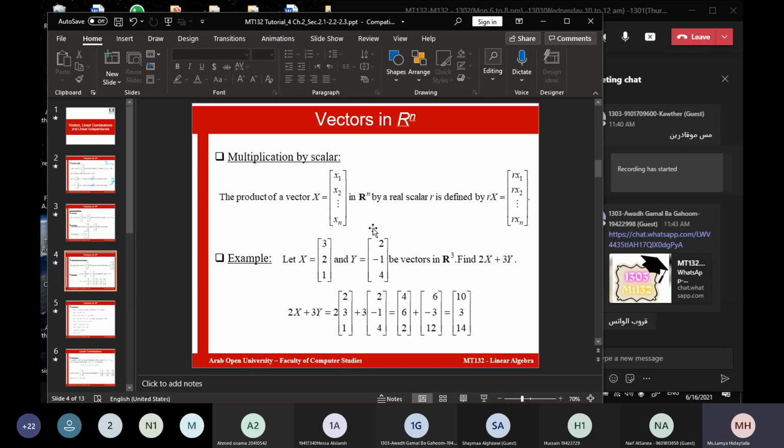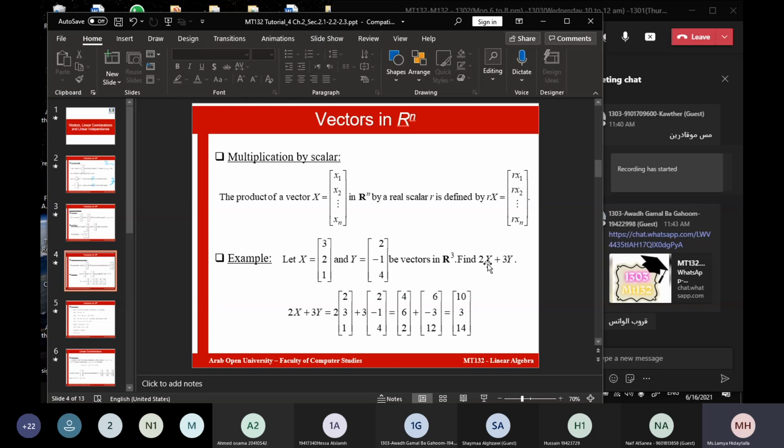Okay, how do we multiply by a scalar? The same as in matrices. You multiply each element by that number. If we need r multiplied by this vector, then r should be multiplied by each element here, so the last is r times xn. Now this is x and this is y.